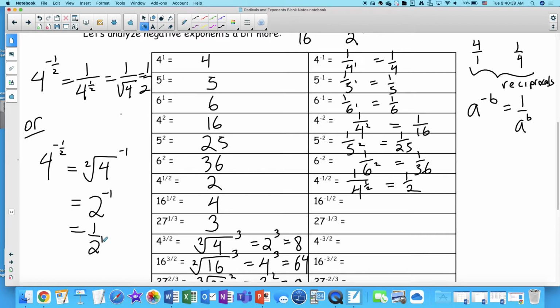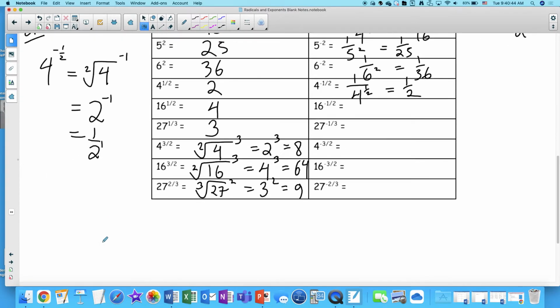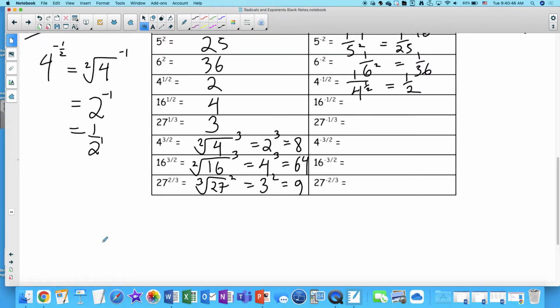All right, 16 to the negative 1/2 is, we're kind of noticing that this is getting repetitive here, so this is 1/4, right? This is going to be 1 over 27 to the 1/3, which is 1/3. Okay, this will be 1 over 4 to the 3/2. 4 to the 3/2 was 8, so this is 1/8.